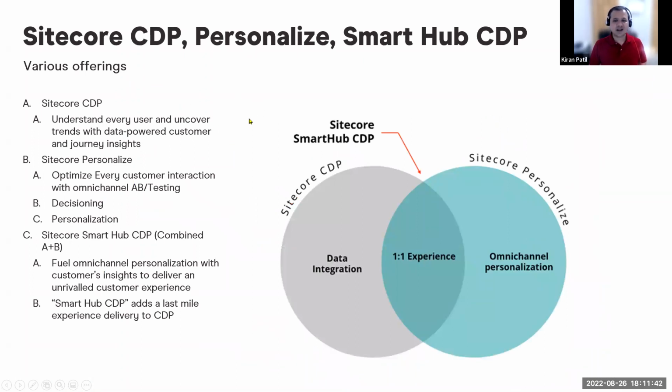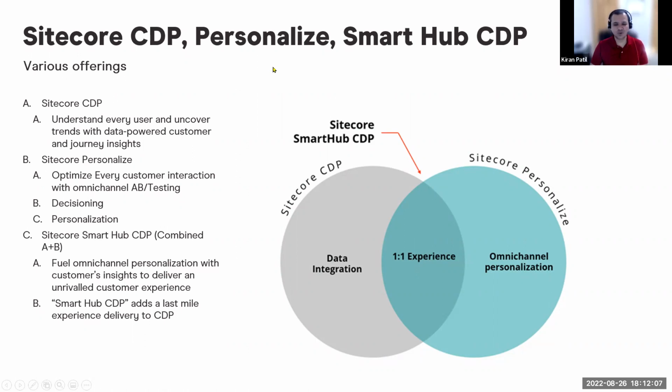So let's look at this diagram again. When you have been reading or listening to some sessions, you might hear a couple of things like Sitecore CDP, Sitecore Personalize, Sitecore CDP and Personalize, Smart Hub CDP. Everything is relatively the same. It depends on which SKU of the product you have purchased. So if someone is saying Sitecore CDP, they might really mean Sitecore CDP and Personalize both.